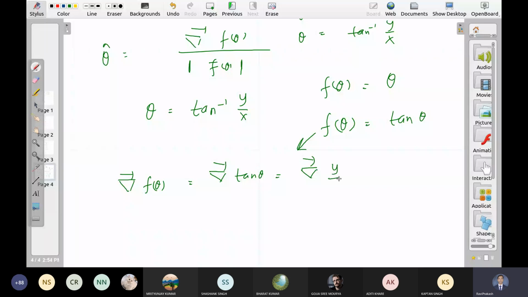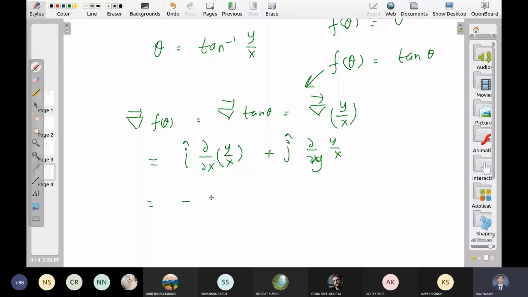What is the gradient of this? i cap del over del x of y upon x plus j cap del over del y of y upon x. What do you get from here? Minus y upon x square i cap.